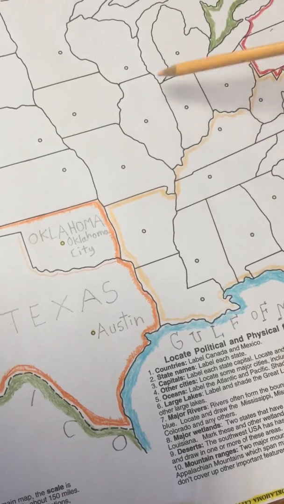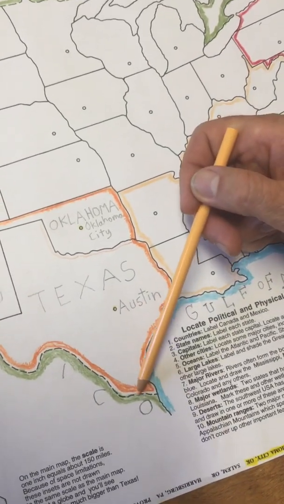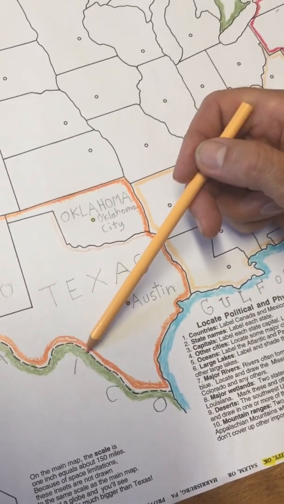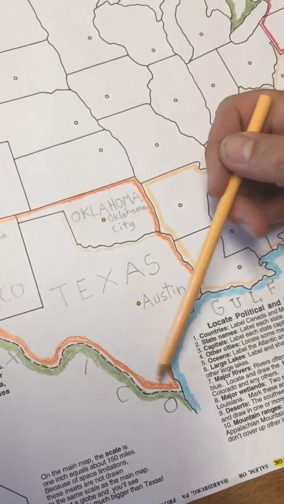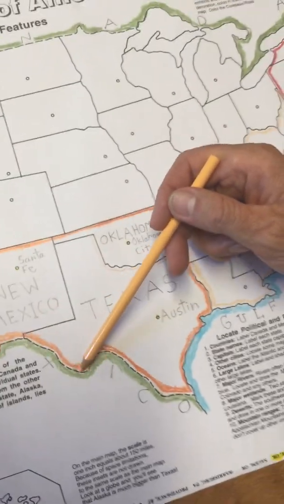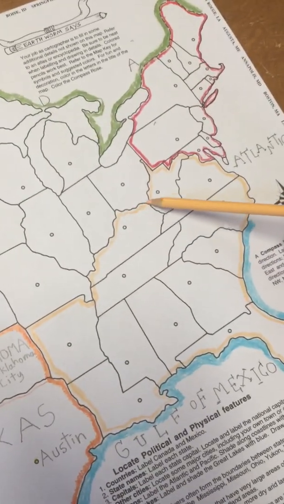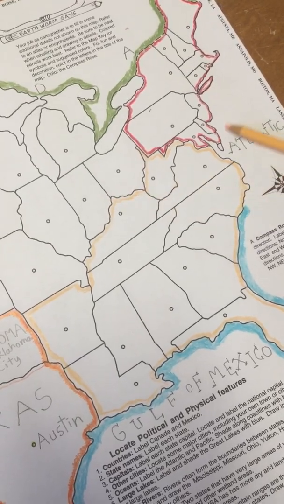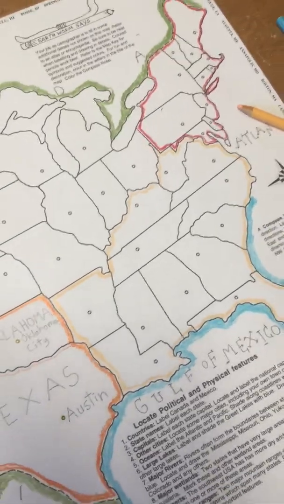I should have mentioned this in the last video actually, but you can see I left a little bit of white between the region color and the green of Mexico, only because I know that there's a river there, and I'm going to be adding a little blue in there. I want the same thing over here. I know there's going to be a river eventually, so I'm leaving a little bit of white so that I can eventually get that blue color. Just thinking ahead, I want to mention that.